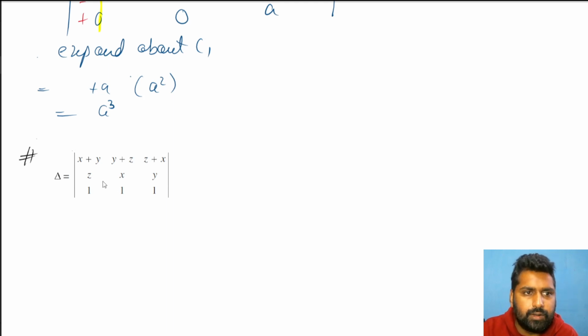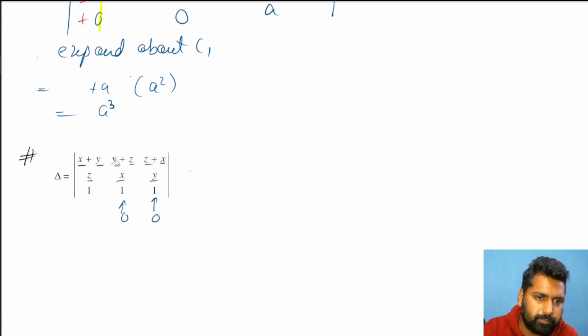If I see this question and I have to calculate this, what I see is 1 1 1. That's a good thing, because ones help a lot, since I can create a 0 there and a 0 there by subtracting. But before that, let's look at this. x and y is present, z is here; y, z, x is here; z, x, y is here. If only z, x, y were all here, they would all be alike.